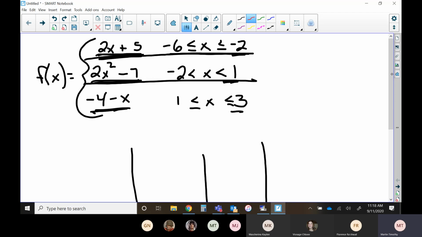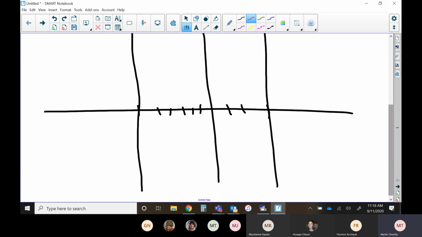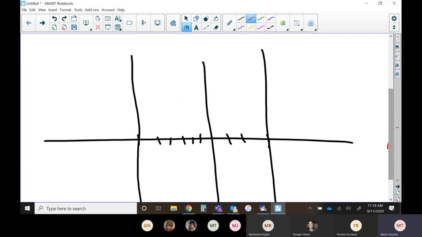So I'm going to kind of do this again just to help myself out. This is not really part of the graph, as far as this is not the graph. This is just to help guide me. So I'm saying it's going to start at -6 and the first piece is going to end at -2. So I need the piece of the graph between there.